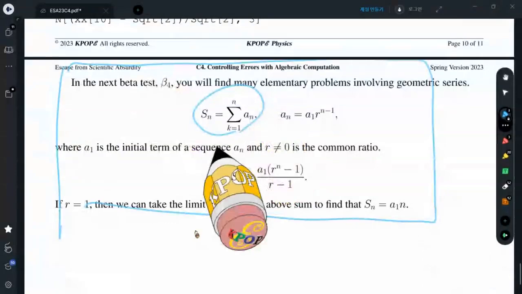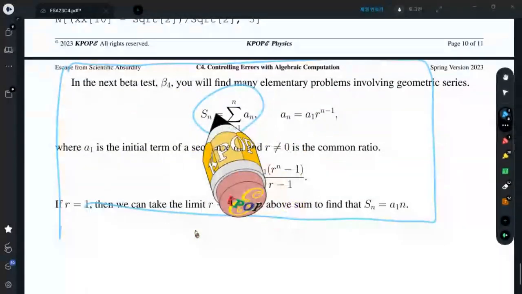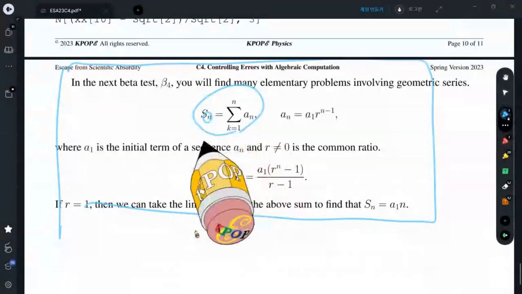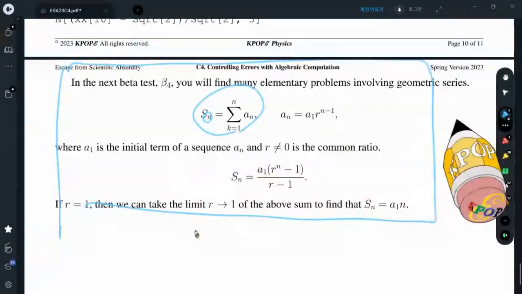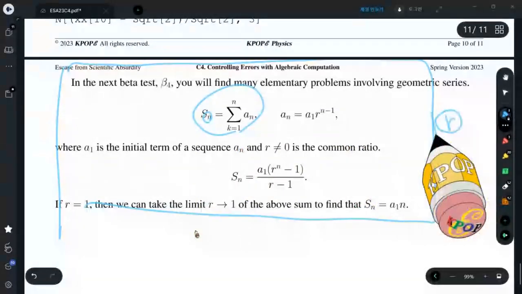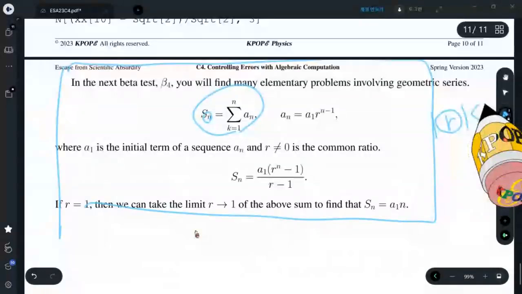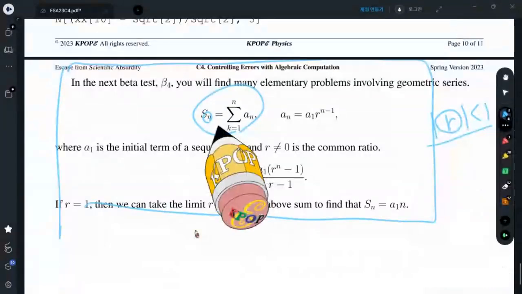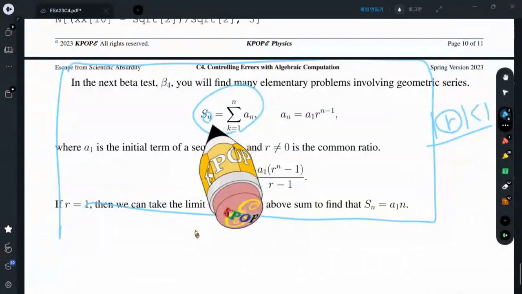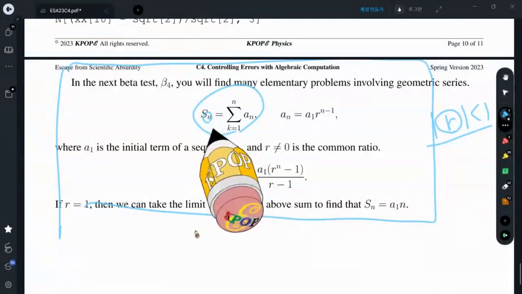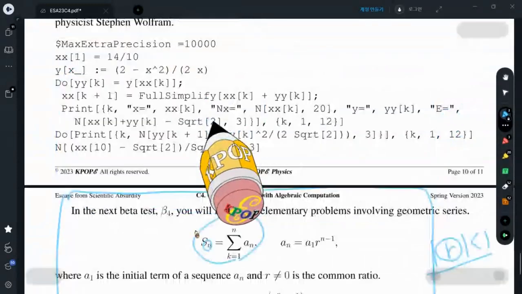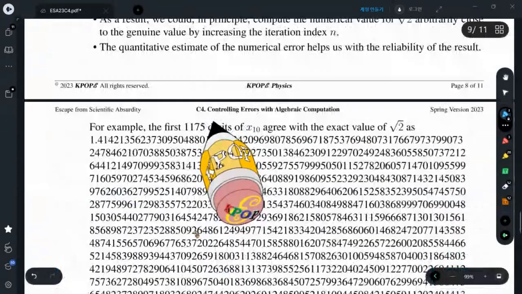From a geometric series, you can increase the number of terms to find, in case the absolute value of the common ratio R is less than 1, the geometric series becomes arbitrarily close to some number, and the error becomes very, very small, as you have seen.